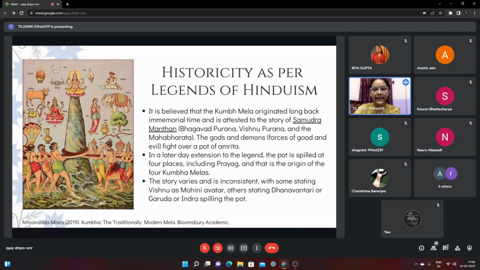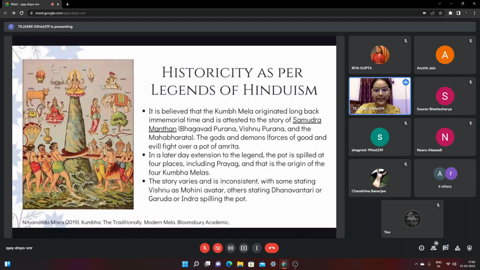So it is believed that Kumbh Mela originated long back, and the story is attested to that of Samudra Manthan, which is also mentioned in the Mahabharata, Bhagavad Puran, and the Vishnu Puran. And the story basically says that it's the churning of the ocean, where the good forces are fighting with the evil forces over a pot of nectar, Amrit.